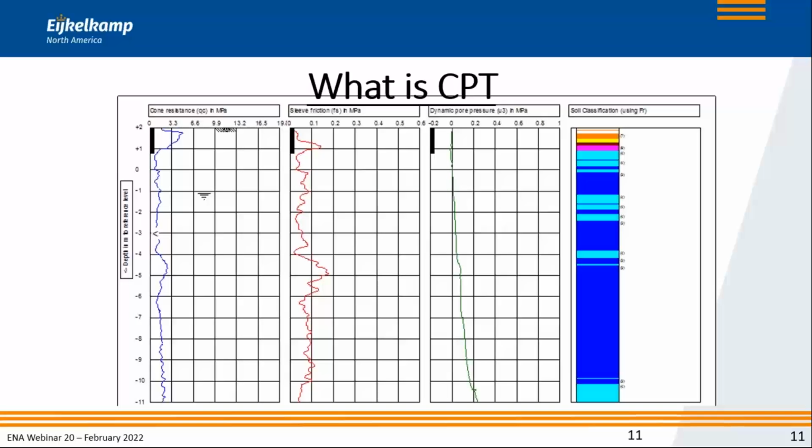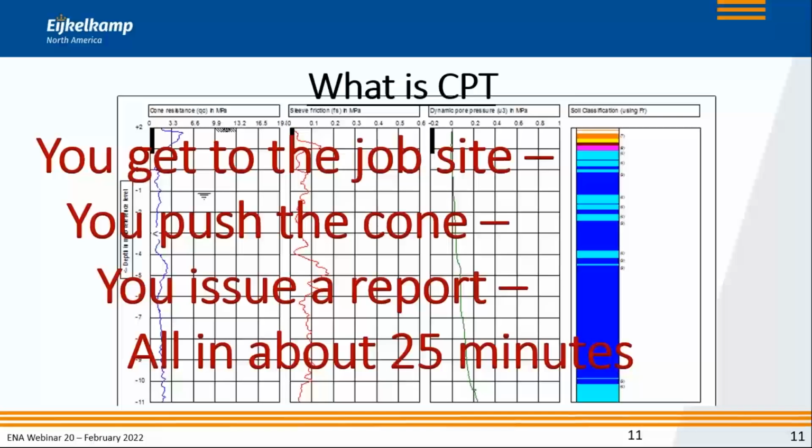The other thing that's important to know is that when you push the cone, you basically issue a report in about 25 minutes after you arrive at the job site, which means that while you are there, you get instantaneous feedback on what the soil behavior is. It allows you to make a decision on the spot, whether to get more information, or whether to get information in a slightly different location.